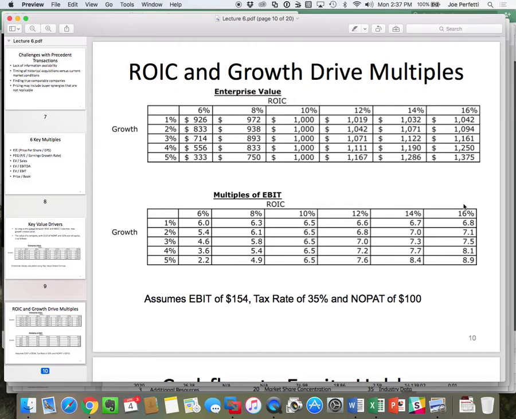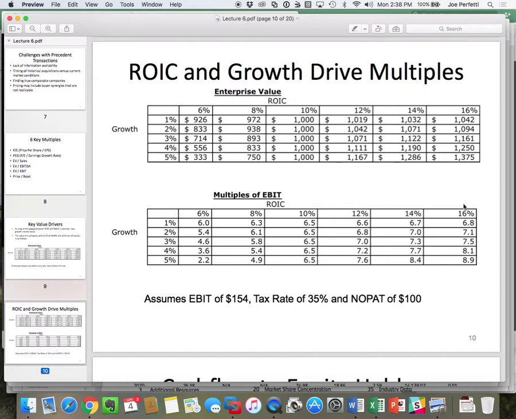No, it's not the case. If you have an average multiple, then you have an average growth and an average spread. If you don't have an average growth and an average spread, then you don't trade at the average multiple. You'll trade at a discount or a premium based on your expected growth and your expected spread. And that's what will explain multiple differences across companies.